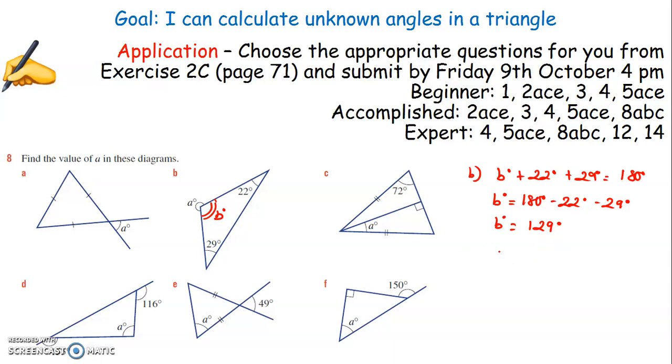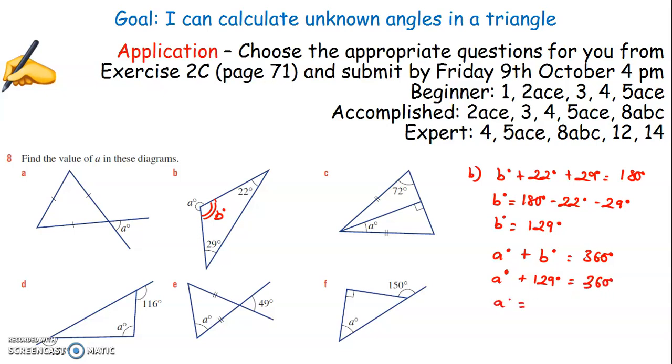Now, I noticed that A and B, when you add them together, make one whole circle, and one whole circle is 360 degrees. So now that we know that B is 129, I'm going to substitute that in here. So A plus 129 is 360.